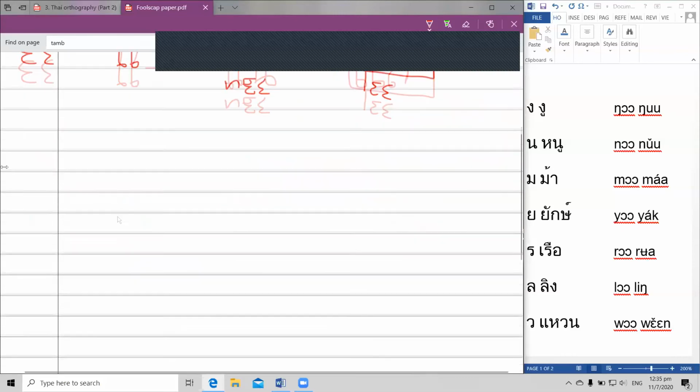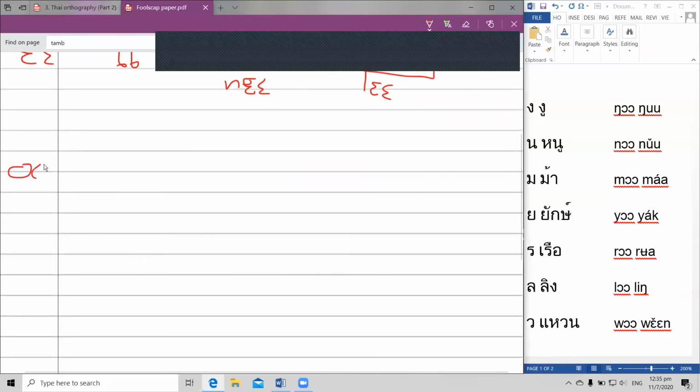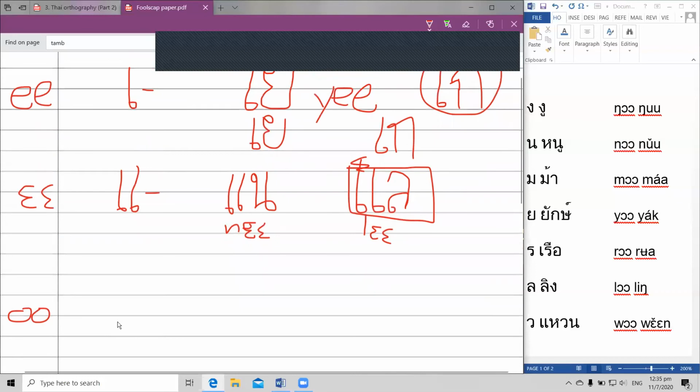Lastly, we have the sara O, correct? Sara O. If this is the consonant, this is the sara O. All right. So notice that it extends beyond the top line over here. All right. It's supposed to be extended. It's like the poplar. When you write poplar, it's like that, right?